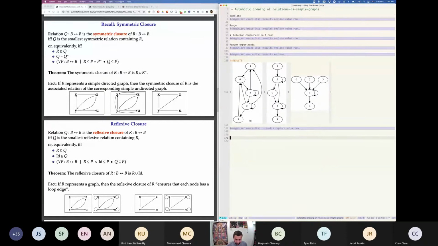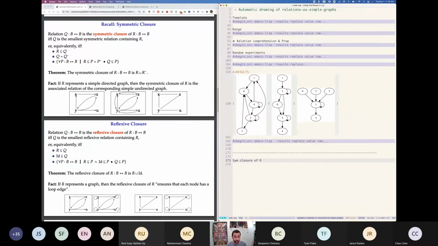Okay, so here's an informal proof. We want the symmetric closure of R. The symmetric closure of R is going to be something that itself is symmetric.